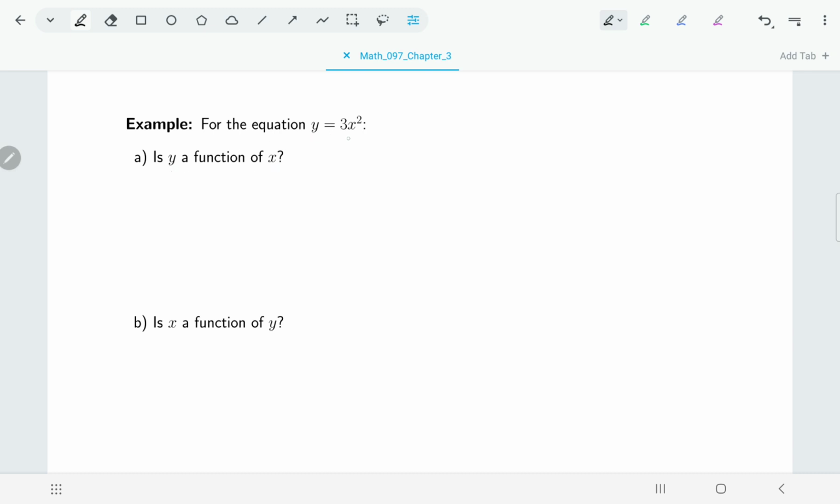If you're imagining putting in one value for x, and then squaring it, you would still have one single value. And then if you multiplied by 3, you'd still have one single value. So I would say yes, for this one, it is a function, because each x corresponds to exactly one y.